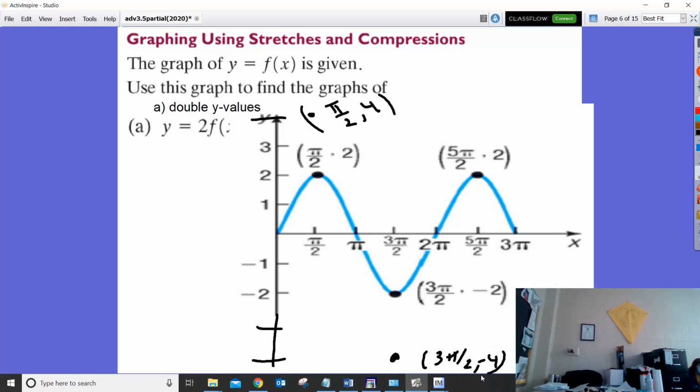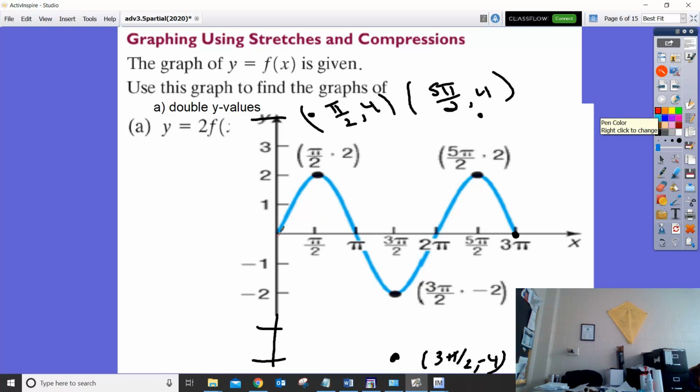Can you change 2 pi, 0? No. About 5 pi over 2. What's it become? 5 pi over 2, 4. And that point's right there.